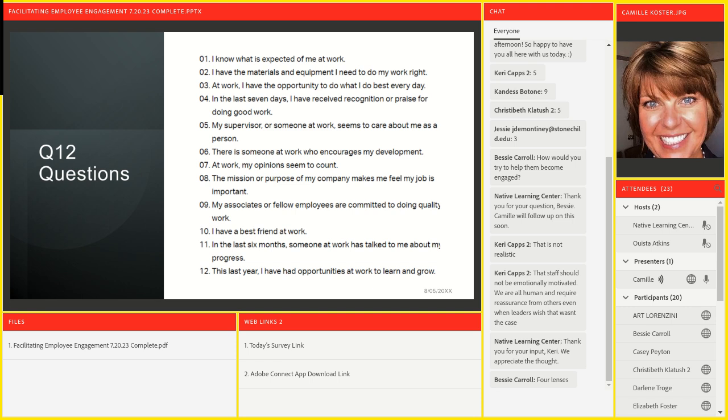The next one is that my associates or fellow employees are committed to doing quality work. So when I think of this one, I think about if we have actively disengaged employees, everyone around them knows it.